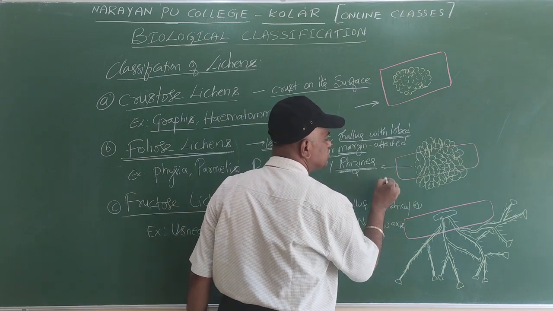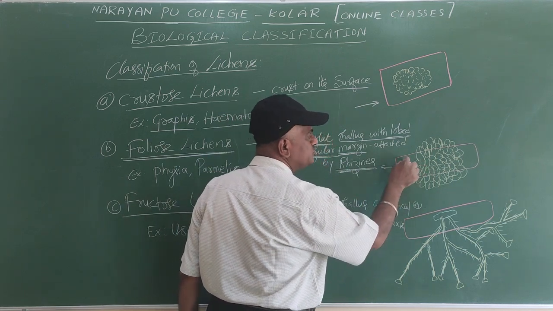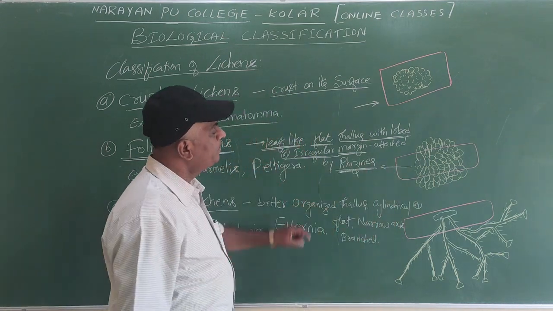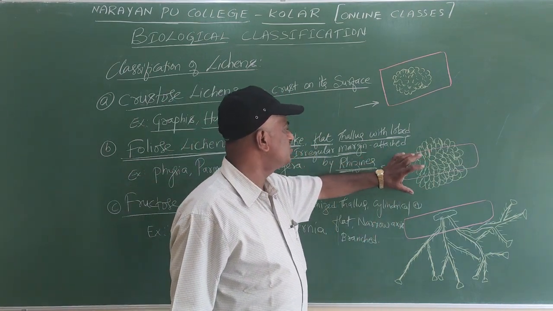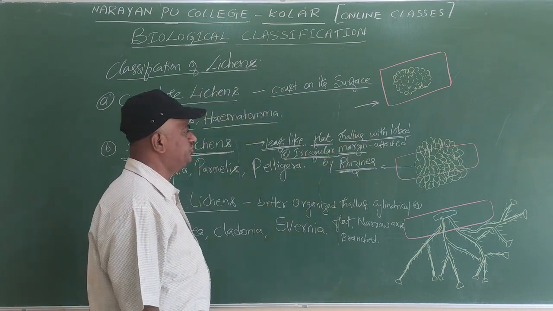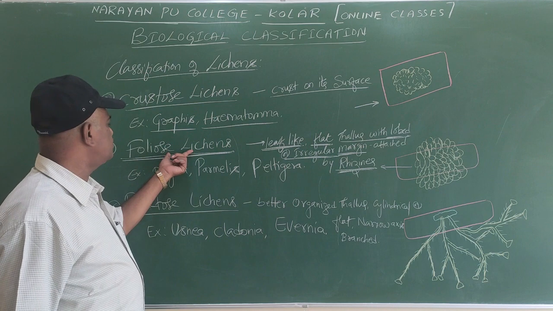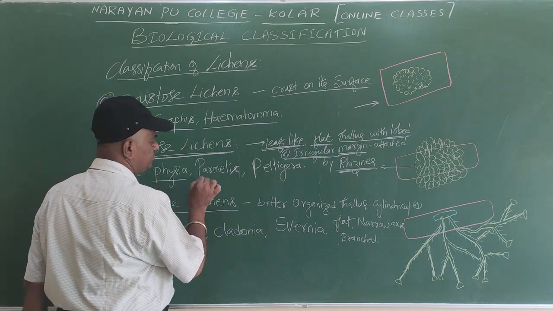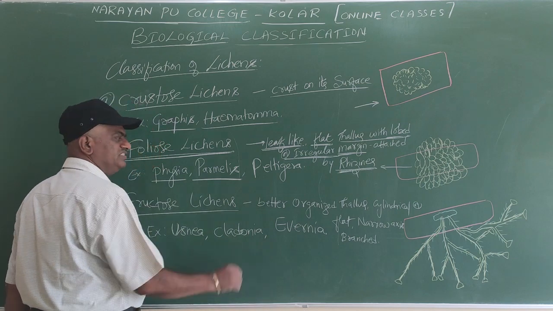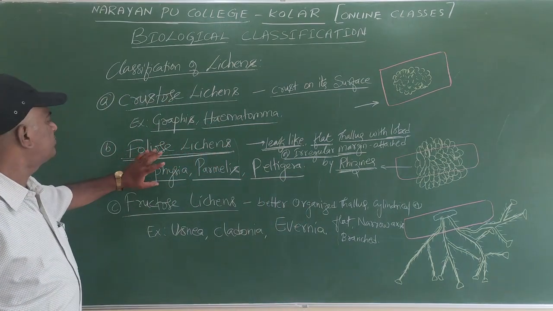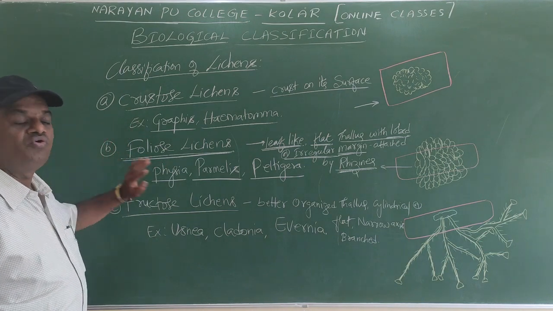These rhizines hold the surface. It is usually called a flat thallus of irregular shape, and this is called foliose lichens. Examples: Parmelia, Physcia, Peltigera. All these are examples of foliose lichens.